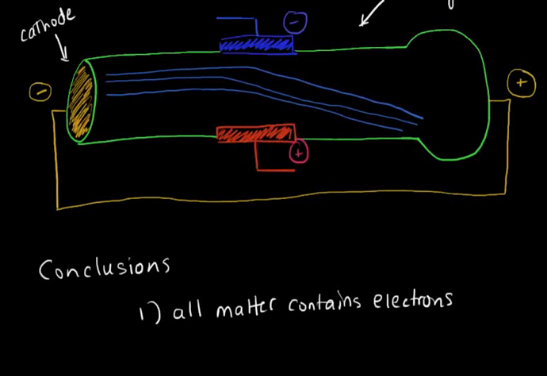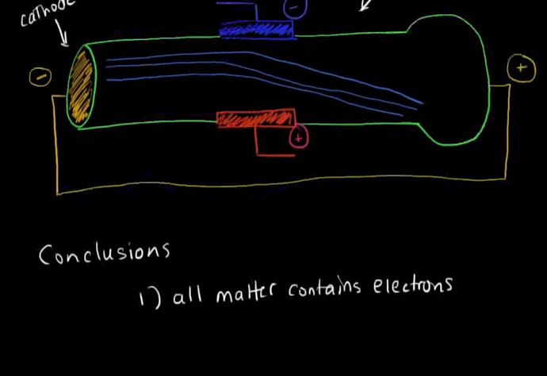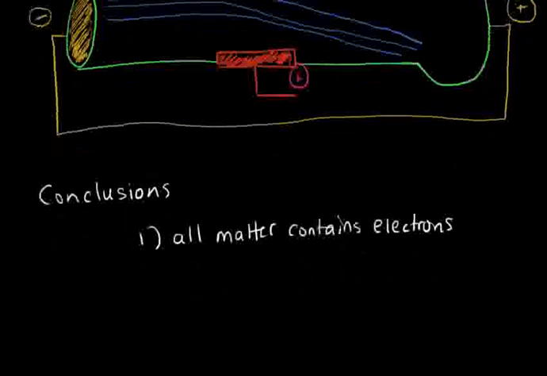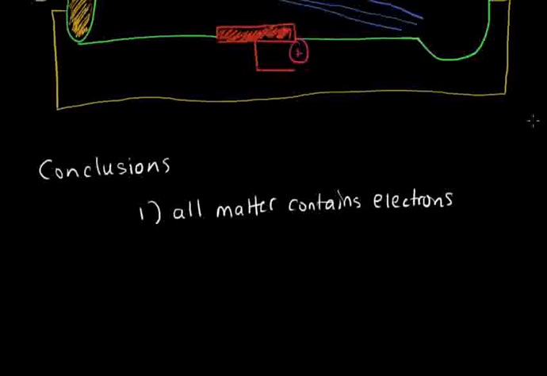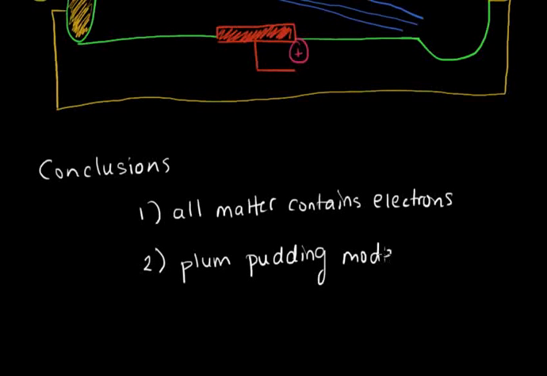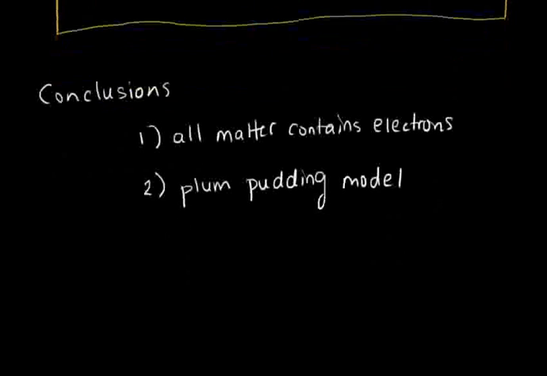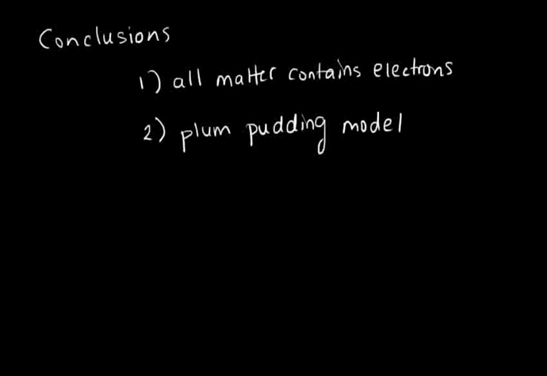Okay, that's well and good. But at the same time, because the atom is electrically neutral, there must be some positive charge in the atom to balance out the negative charge of the electron. And this led to the development of what's called the plum pudding model of the atom. It's sometimes called Thompson's model. Maybe I'll sketch it for you first.